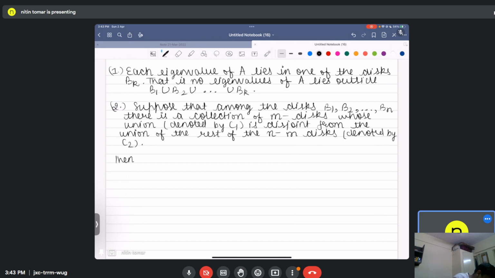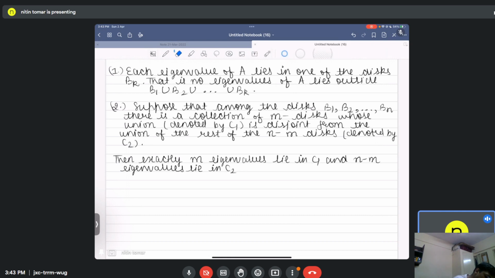Then exactly m eigenvalues lie in C1 and n minus m eigenvalues lie in C2.